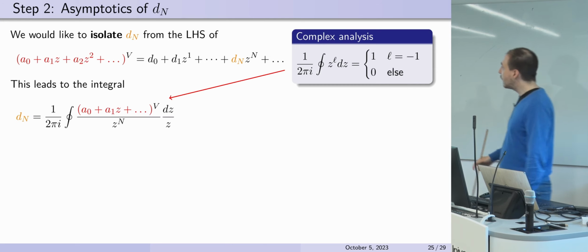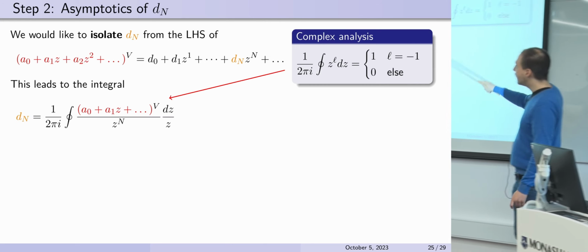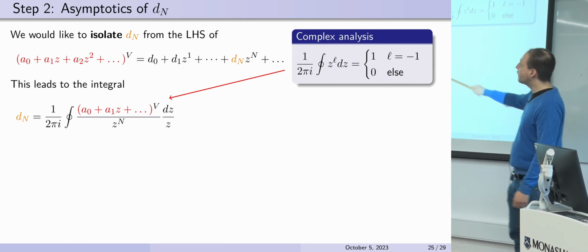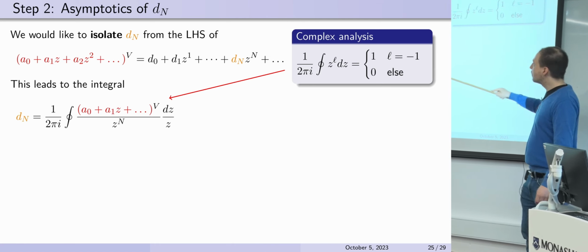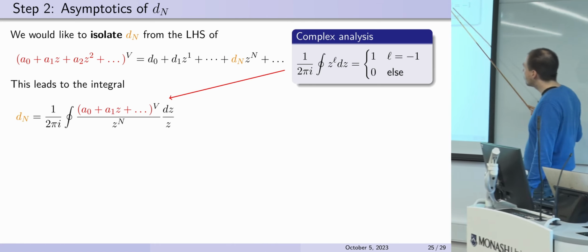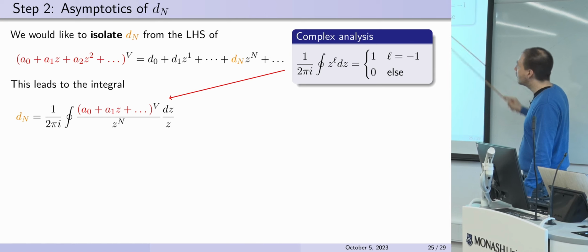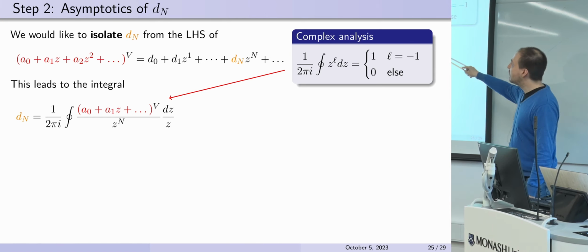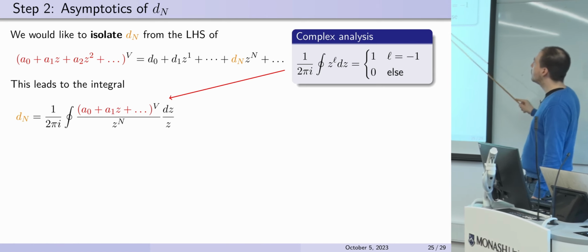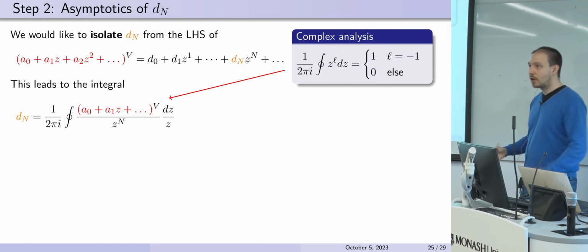So that means we can now extract d_n by doing such a contour integral of our polynomial, and we divide it by z to the n times z, which puts exactly the z to the n power to become z to the minus 1. Okay?